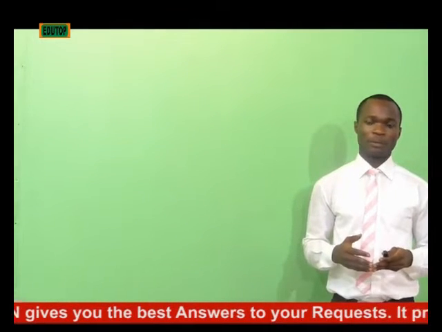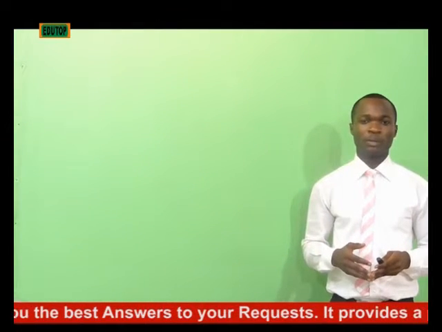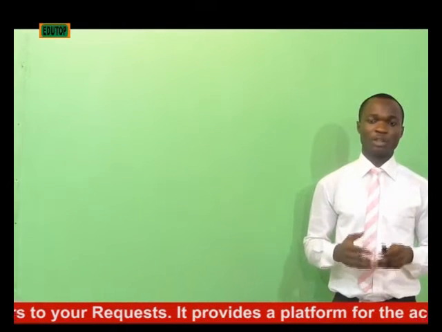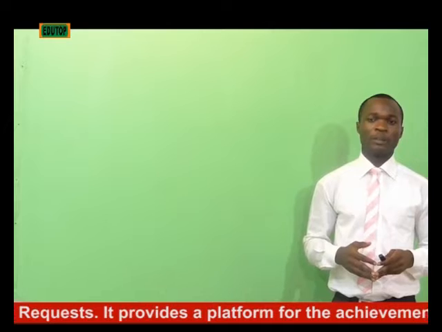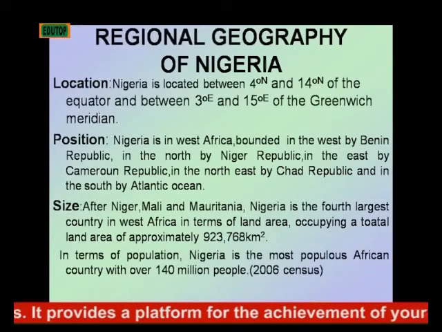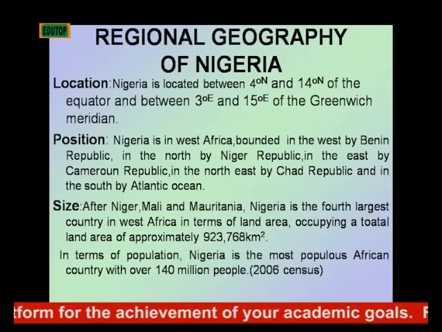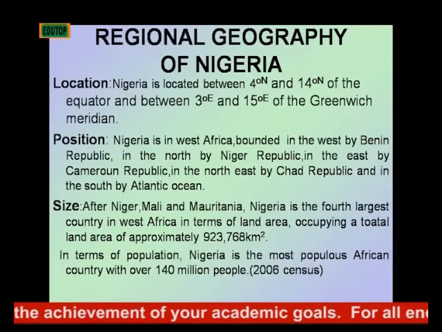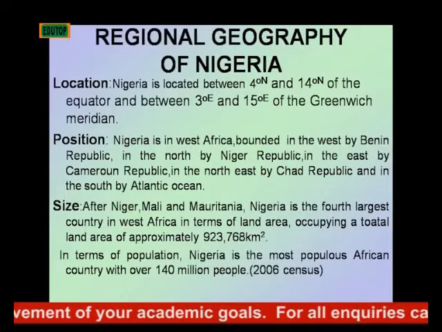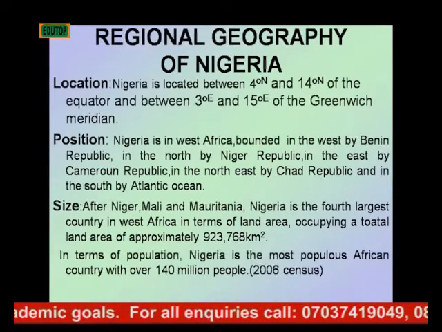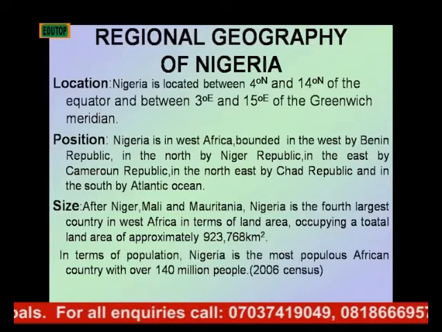Now let's look at the regional geography of Nigeria. And we'll talk about the location, the position, and the size of Nigeria. Nigeria is located between 4 degrees north and 14 degrees north of the equator, and also between 3 degrees east and 15 degrees east of the Greenwich meridian.